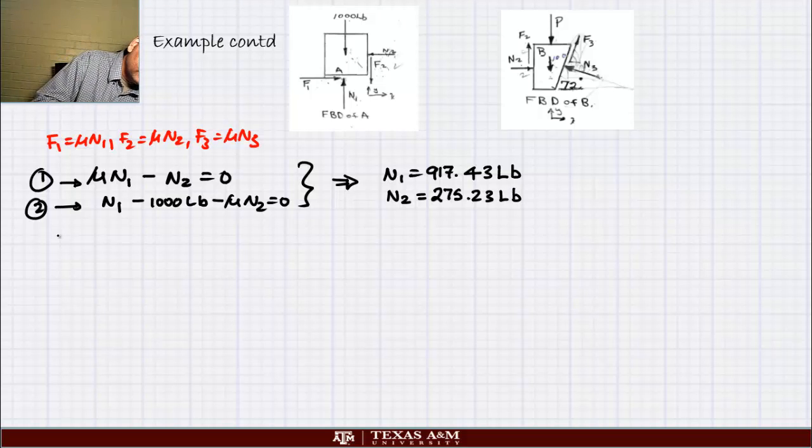Okay, now take this and substitute into equations 3 and 4.